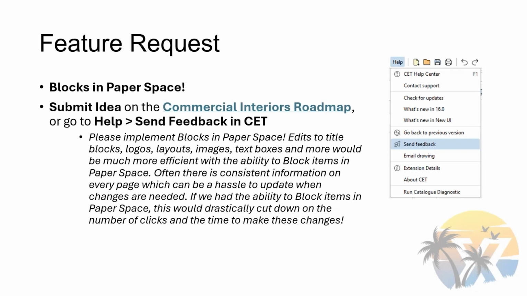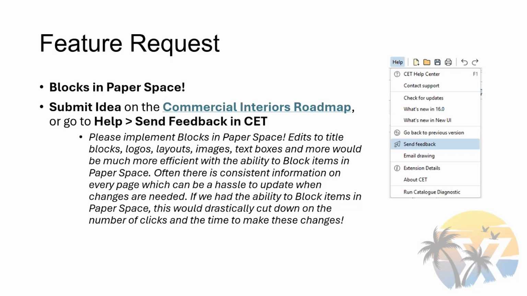Another use case that I could see is with image swatches and information. We often like to include these just as a quick visual reference of what finish is included on what typical. And they often show up on multiple pages if we have multiple office typicals or workstations and they all have the same laminate on them. Well, let's say that laminate changes from an oak to a walnut.